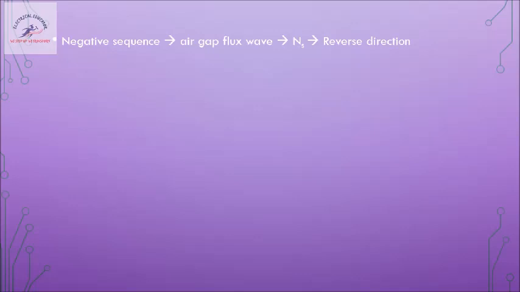So the air gap flux due to the negative sequence components will rotate in the reverse direction. The negative sequence slip is given by minus omega ms minus omega divided by minus omega ms. This corresponds to a slip of 2 minus s. Since these rotate in the reverse direction, that negativity is introduced.